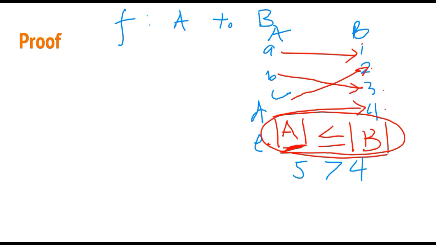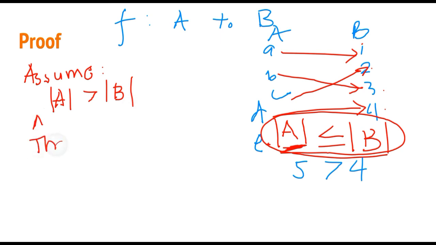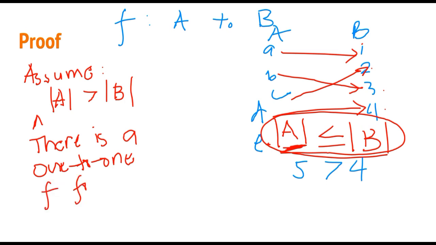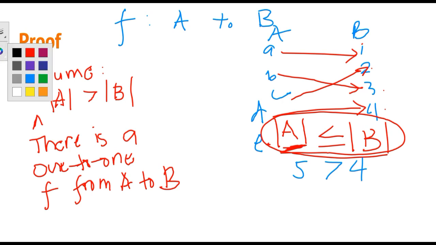However, if you recall our original assumption, we are assuming that the cardinality of A is greater than that of B, and there exists a one-to-one function from A to B. And this is now a contradiction, caused exactly by these statements.